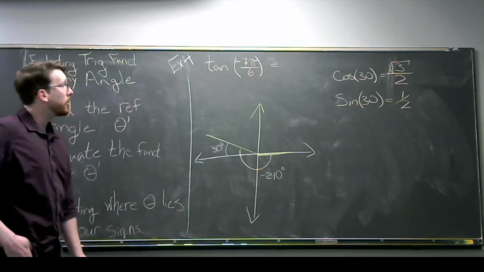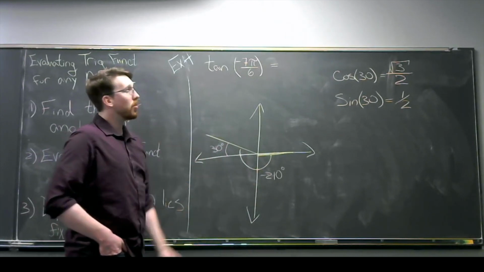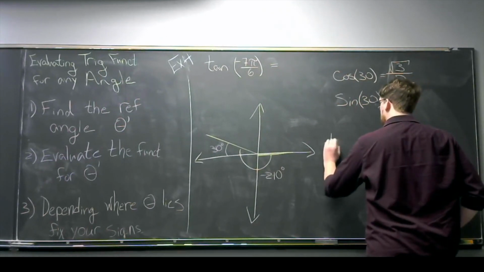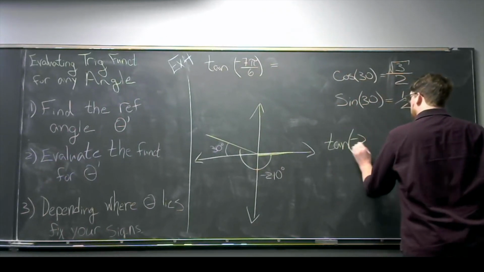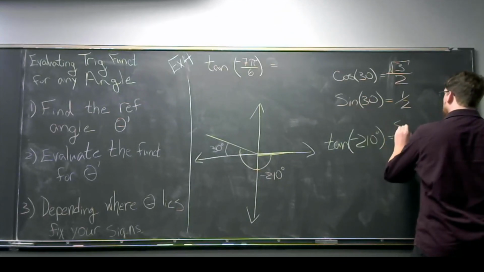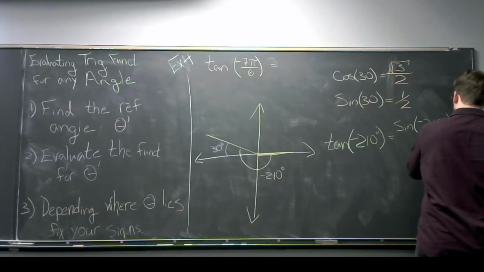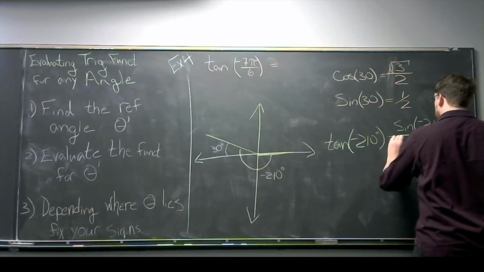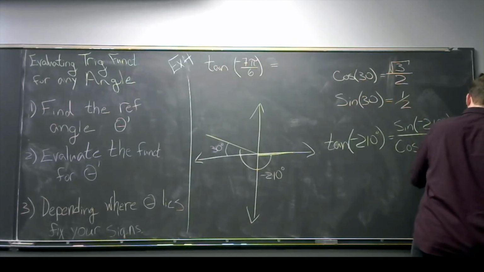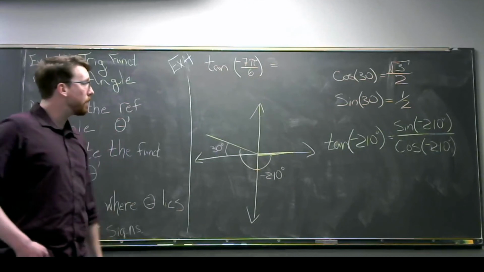All right. So how might this help us? Well, we know that we're taking the tangent of negative 210 degrees. Tangent of negative 210 degrees is equal to sine of negative 210 over cosine of negative 210. Well, we're using our reference angle right now.